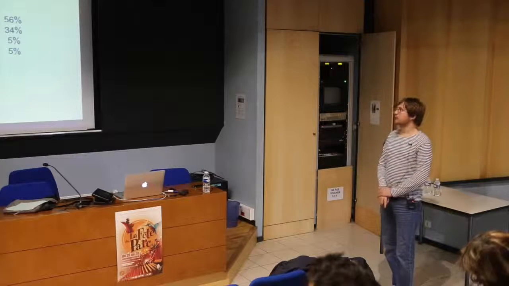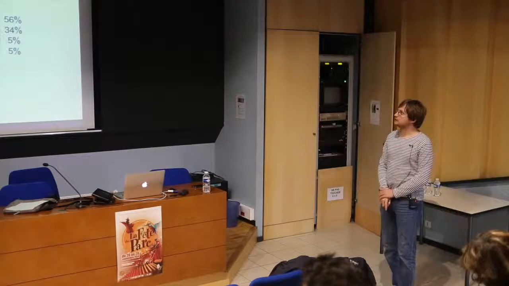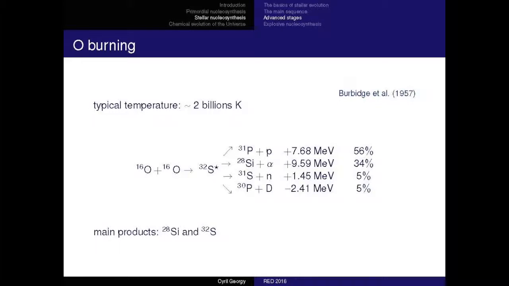Then again, your star will contract, reaching higher temperature, and when it reaches a central temperature of about 2 billion Kelvin, oxygen burning can begin.